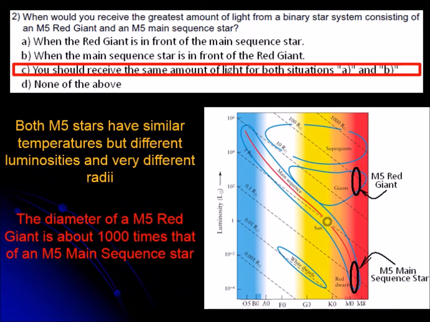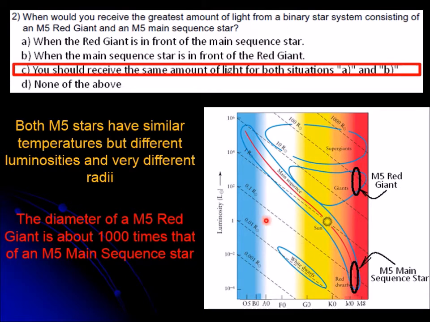Both M5 stars have similar temperatures but different luminosity. M5 is around here. This is a main sequence, and this is a red giant. And this is much larger than this one, which is extremely small.